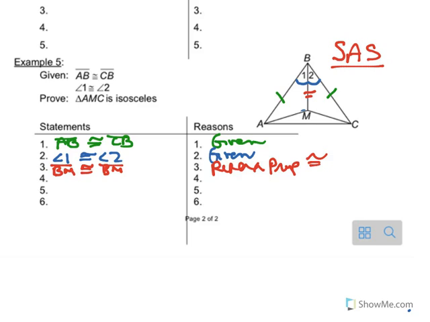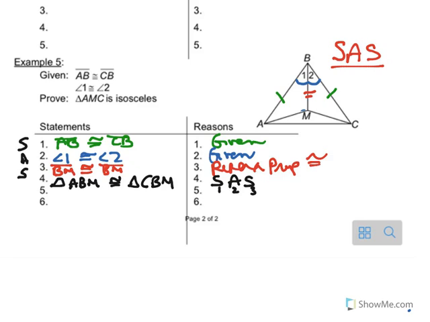And now I'm pretty sure we can just say that triangle ABM is congruent with triangle CBM. And how are we doing that? Via side, angle, side. And we always want to go over here and look and make sure we have stated those things. So there's a side, here's an angle, and here's a side. So statements 1, 2, and 3 help us prove that with side, angle, side.